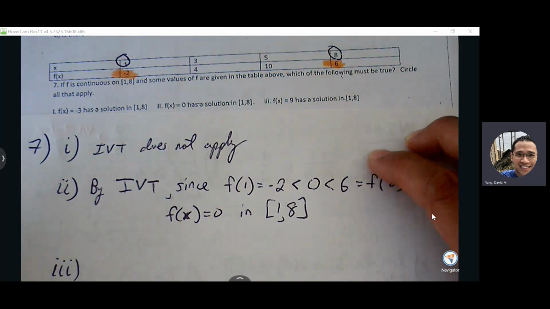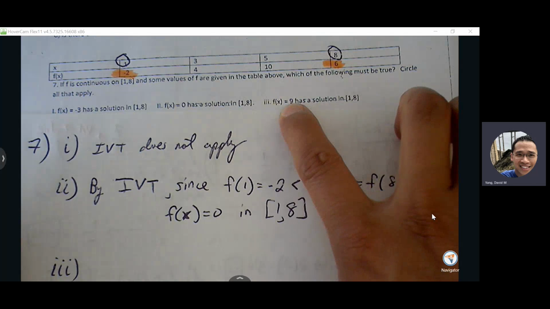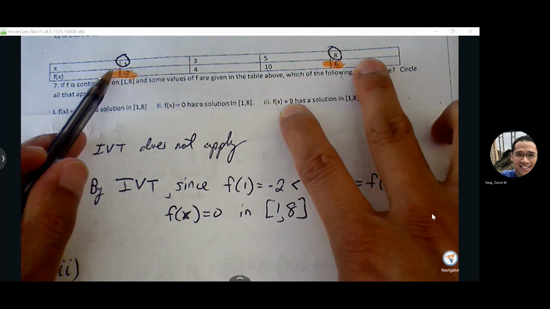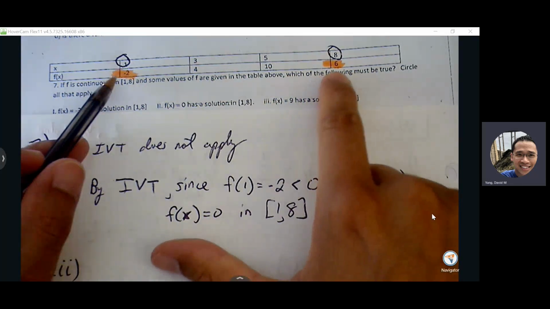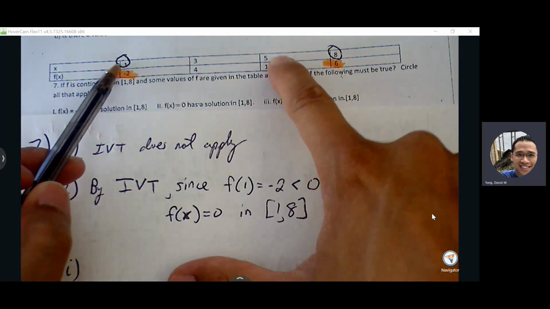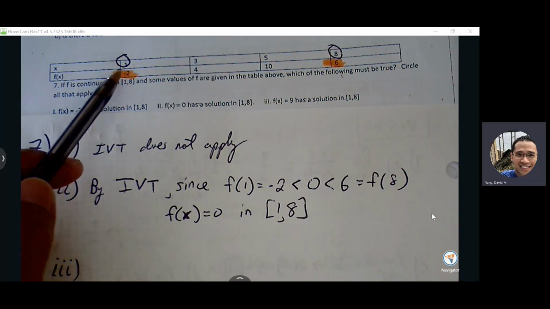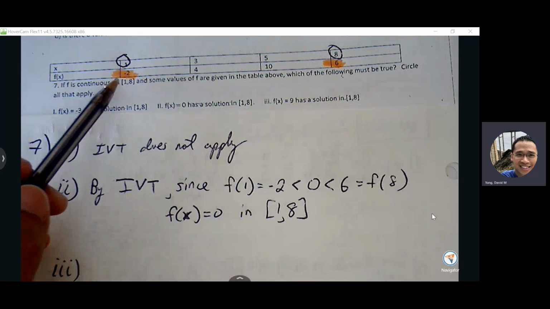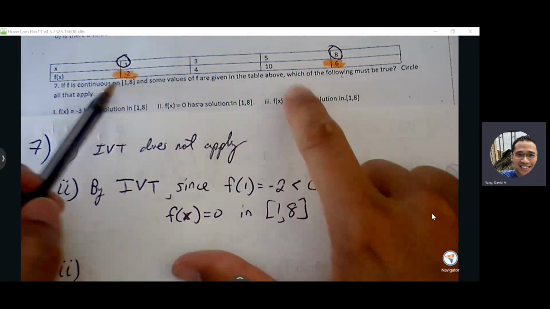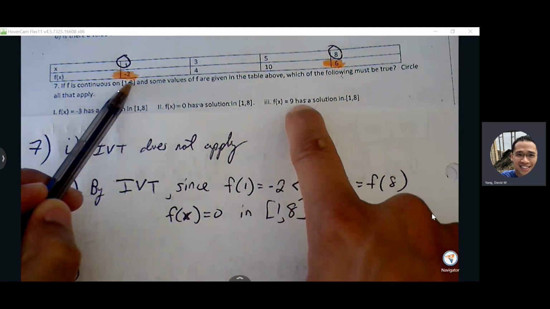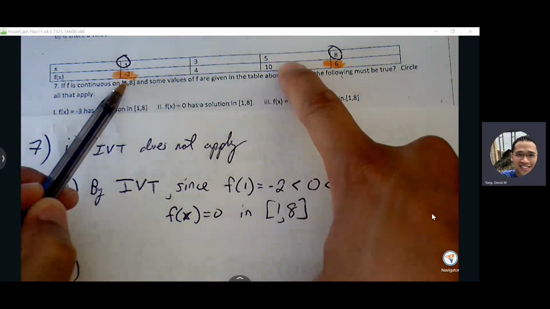Okay, third condition. Can I guarantee a y value of 9 between 1 and 8? Yes. Maybe I'm not looking at 8, but I have 5, right? So I can think of 5 as a quote unquote endpoint within that interval. So I do see a value lower than 9 and higher than 9.